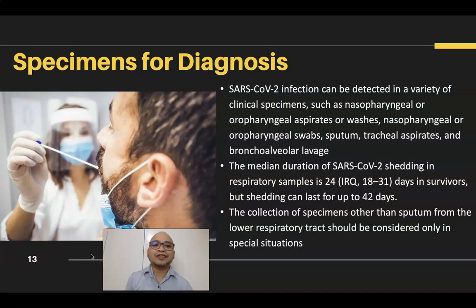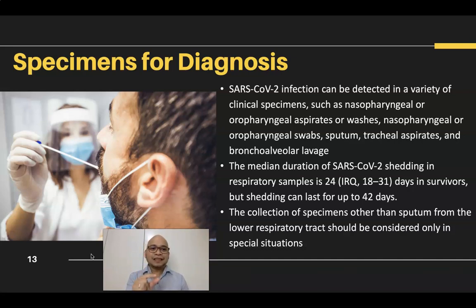So SARS-CoV-2 infection can be detected in a variety of clinical specimens. Of course, you are all familiar that the most common would be your nasopharyngeal, so that would be your nasal swab, and then oropharyngeal aspirate or washes. Actually, in our country, we do both the nasal swab and the oral swab or throat swab.